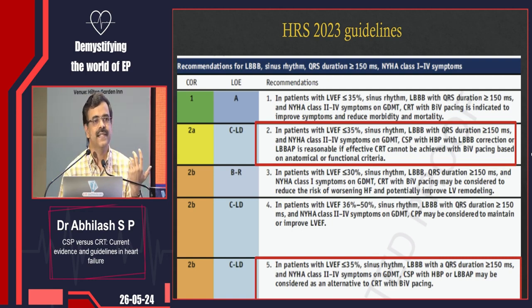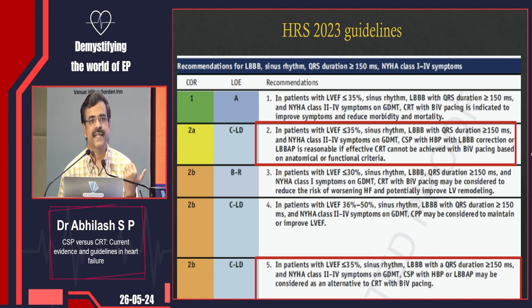Then the second thing is what are the guidelines? Even though we are getting more and more knowledge about the thing, Class 1 recommendation currently HRS 2023, but these updates can happen with some of the studies that came after these guidelines. Even now, for the typical case, like EF less than 35%, LBBB, QRS duration more than 150 milliseconds, Class 2 to Class 4, the level of evidence with Class 1 recommendation is for CRT.